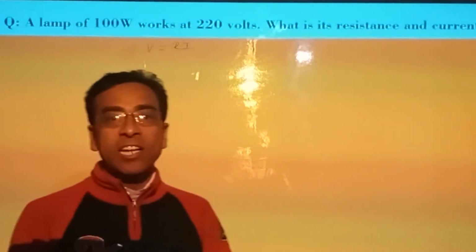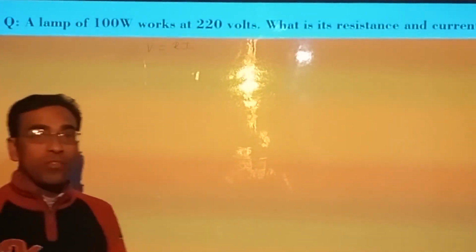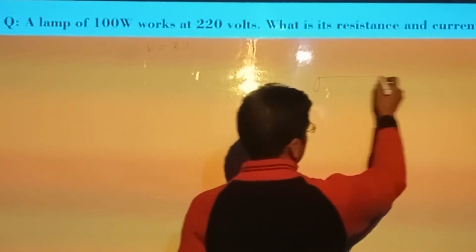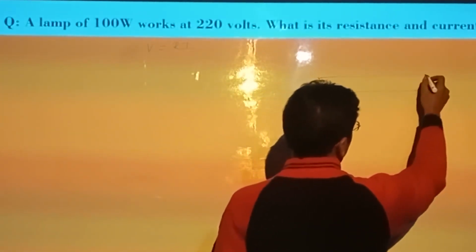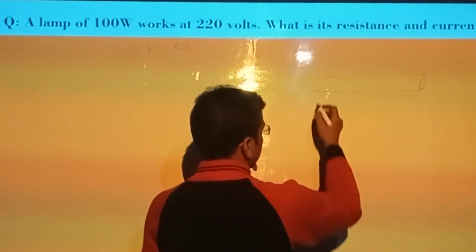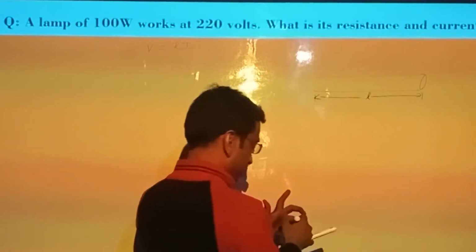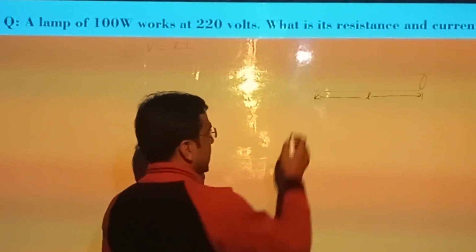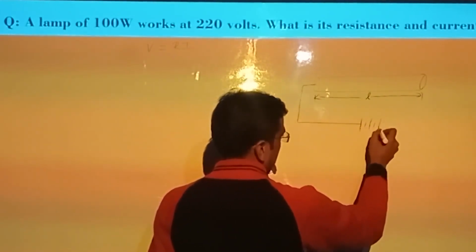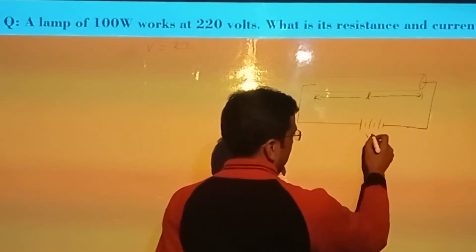Now we have to derive the formula of Ohm's law, so we have to consider a conductor of length L. I am drawing it on the board, and it is connected to a source of potential difference V.